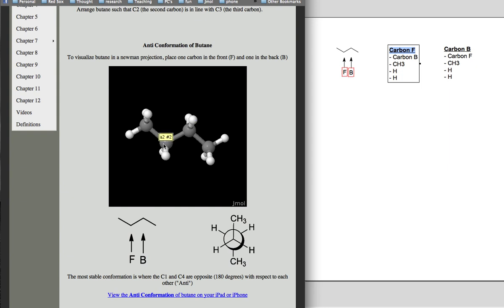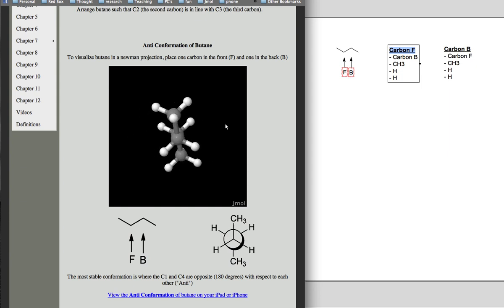Fundamentally, what we are doing in a Newman projection, as I said, is placing one carbon in front of another. So here we've placed the front carbon in front of the back carbon. And when we look at it in this manner, we get what you see here in the Newman projection. On the front carbon, we have a CH3 group coming off the top.